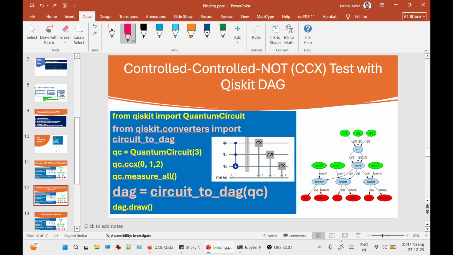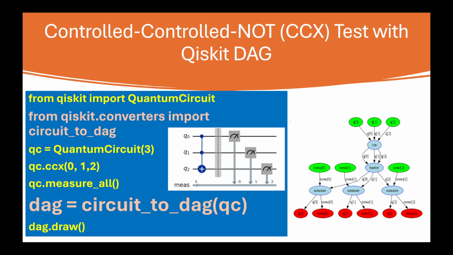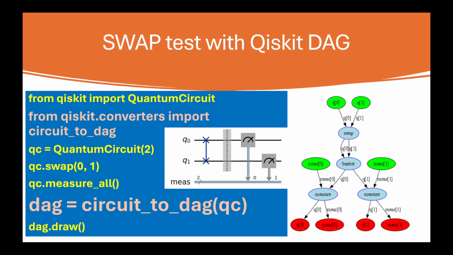Okay, now we are more interested in implementing more quantum circuits in Qiskit, and also in making a graphical directed acyclic graph for other quantum circuits. Now there is a very famous gate, the swap gate, which is also very popular in the quantum world, like a multiplexer.